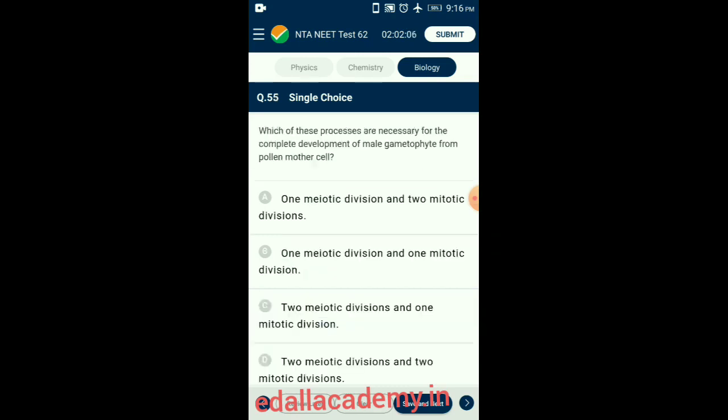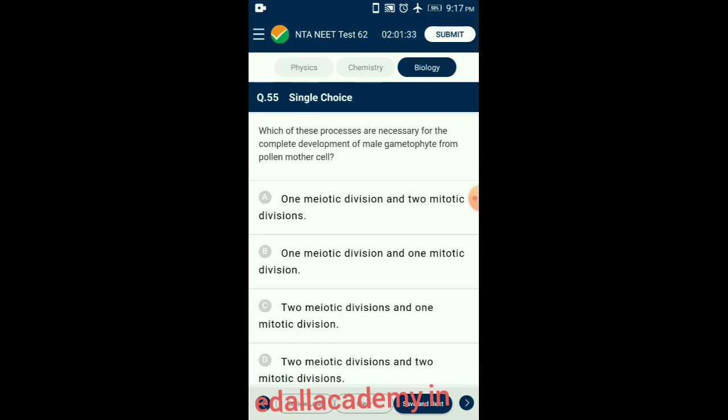Question number 55. Which of these processes are necessary for the complete development of male gametophyte from pollen mother cell? During microsporogenesis, the sporogenous cells may directly act as microspore mother cells or pollen mother cells. Each pollen mother cell, by a meiotic cell division, gives rise to a group of 4 haploid microspores, which are collectively referred to as microspore tetrad.